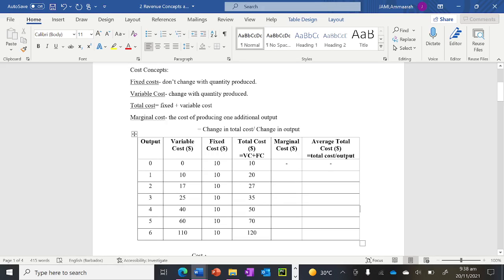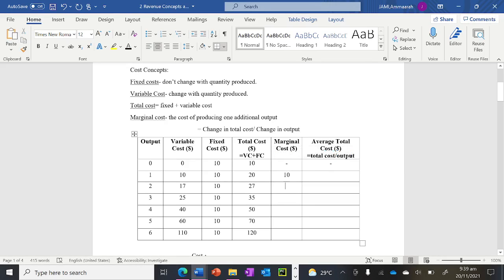But between 0 and 1, the additional cost you incur from producing that 1 unit of output would be 20 minus 10. Do you see where I'm coming from? Or you want me to go over that? I see where you're coming from. Okay, so your marginal cost from producing 1 unit of output would be the 20 minus the 10, which would be 10.